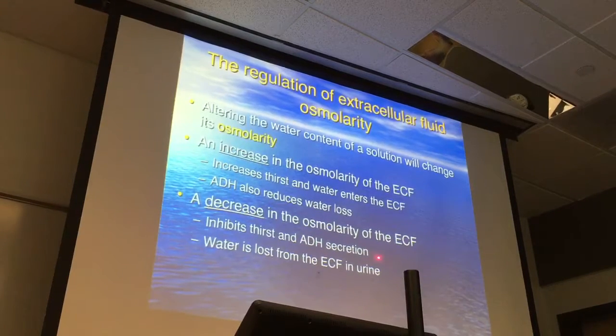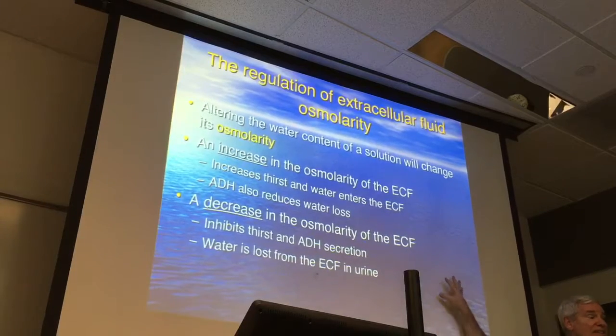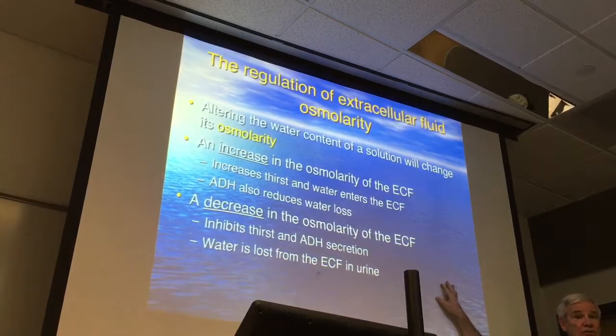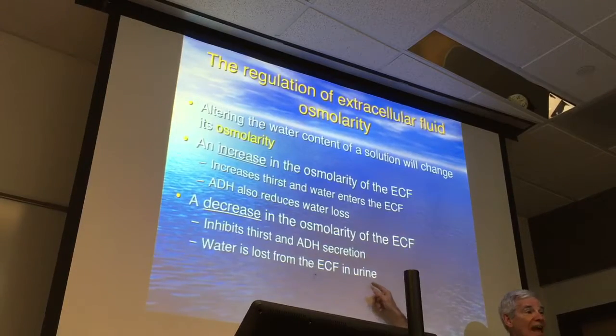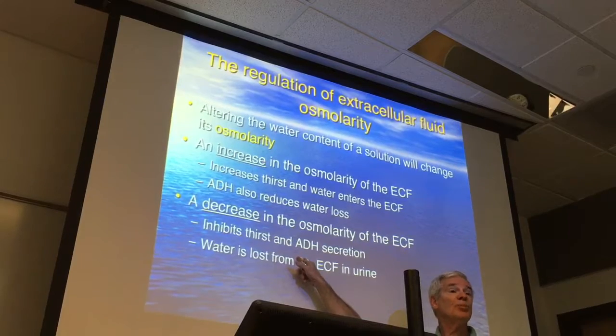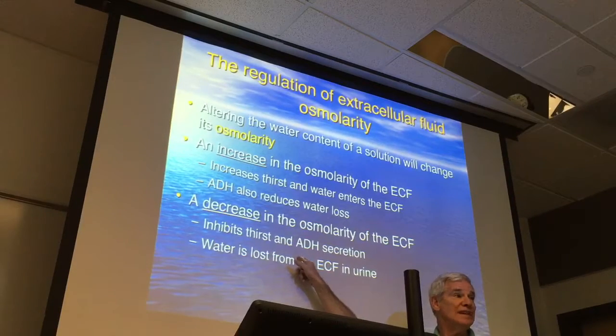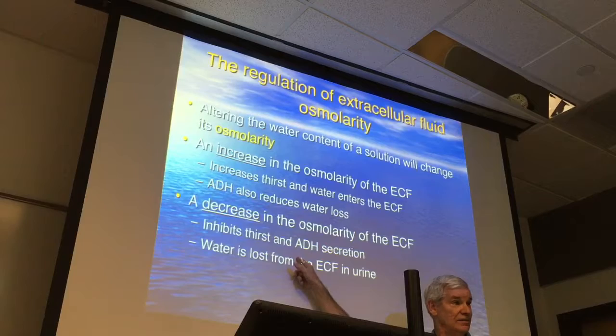There is something else that we need to say. You can be drinking alcoholic beverages, and yes, that fluid is going to cause you to increase urine volume, but what does alcohol do to ADH? It suppresses it. So if you're drinking concentrated alcohol, you're not getting a lot of liquid, right?